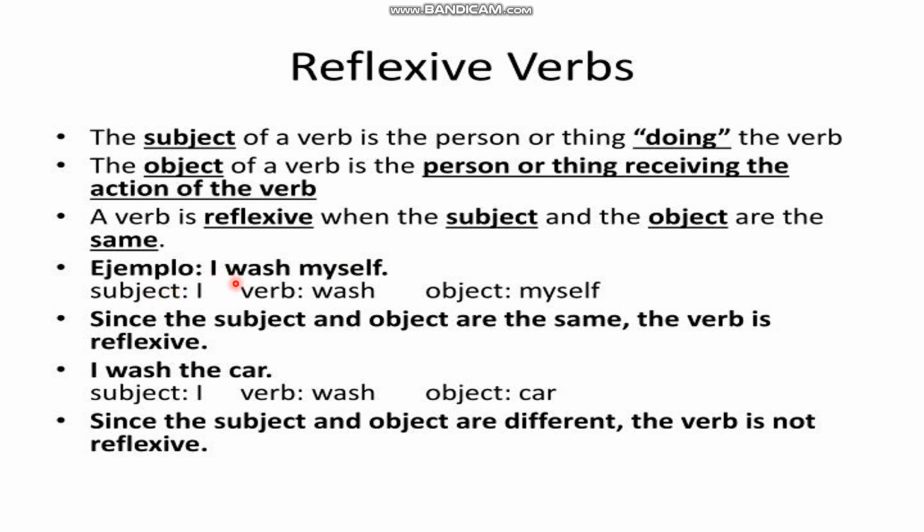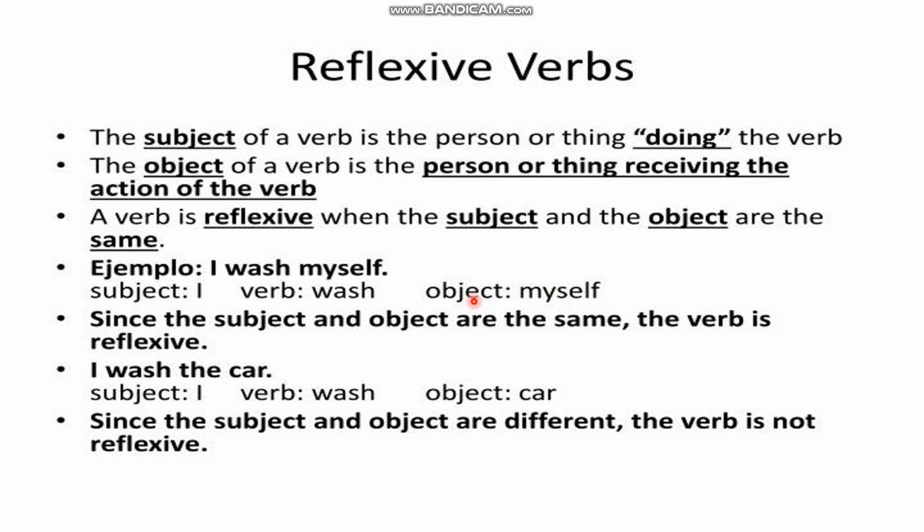What is the subject here? I, the verb wash, and the object myself. This is what we call the pronom réfléchi. So when the subject and the object are the same person, we are talking about reflexive verbs, or les verbes pronominaux in French.